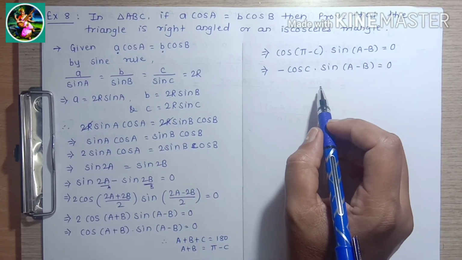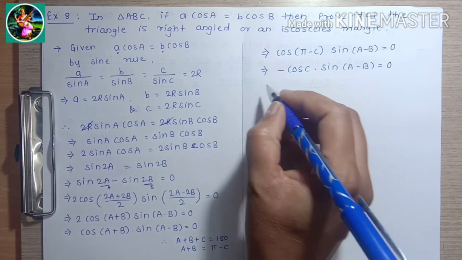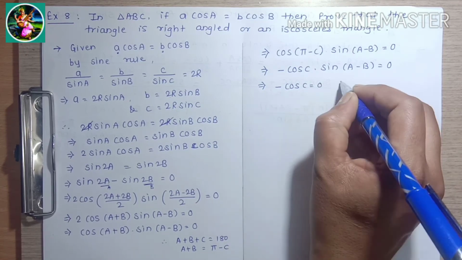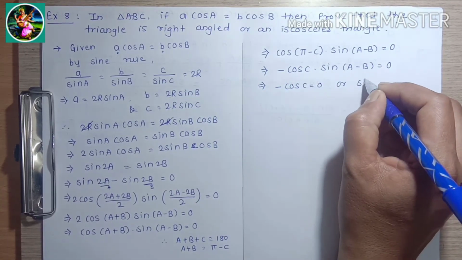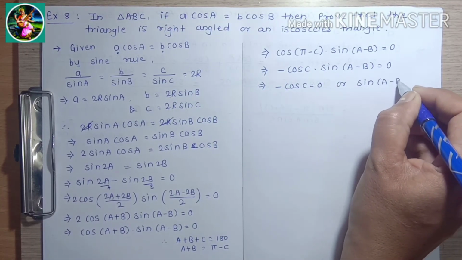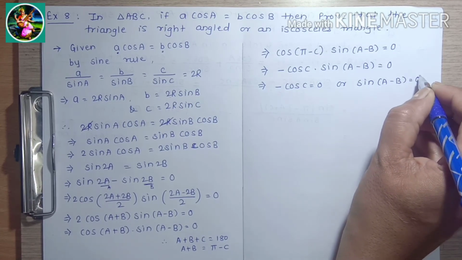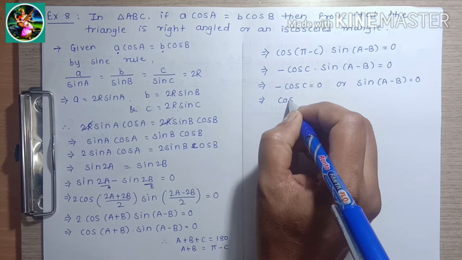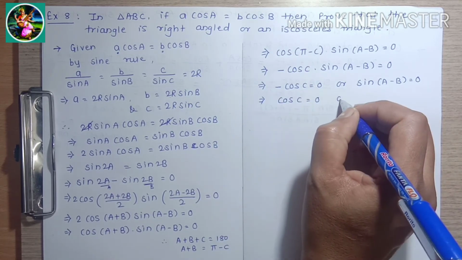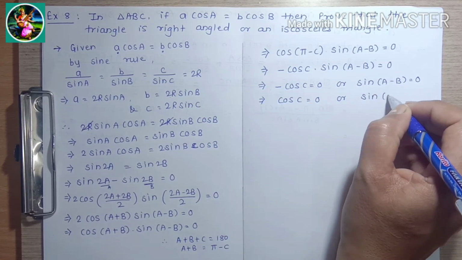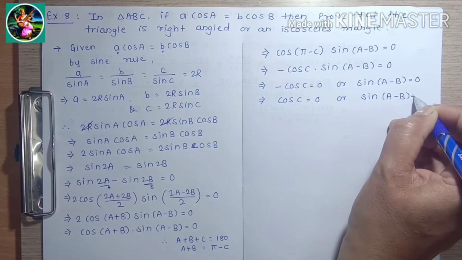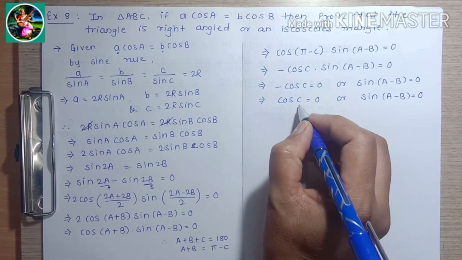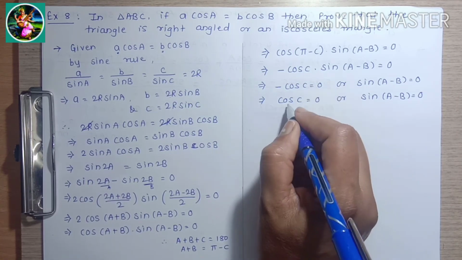Here the product of these two terms is 0, which implies that minus cos C is equal to 0 or sin of (A minus B) is equal to 0. Therefore minus cos C is 0 means cos C is equal to 0, or sin of (A minus B) is equal to 0. For what value is the cos ratio 0?